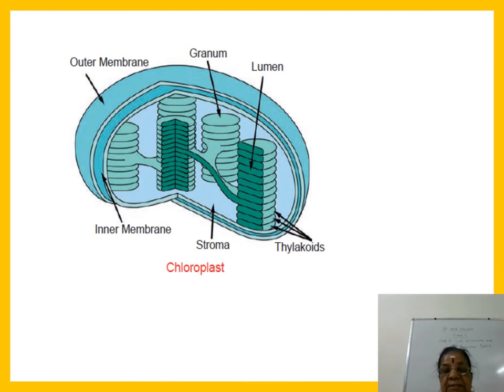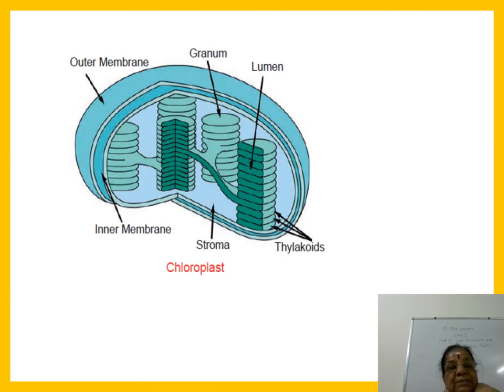Chloroplasts are present in the green parts of the plant and they take part in the most important process, photosynthesis. Right? And chromoplasts are present in the flower as xanthophyll and anthocyanin pigments, giving different colors to the flowers and fruits. And leucoplasts are colorless plastids.